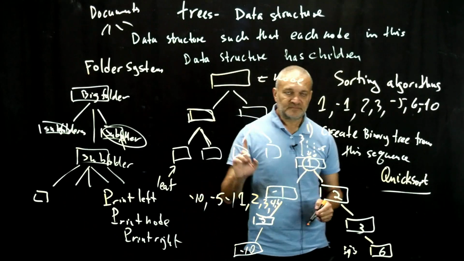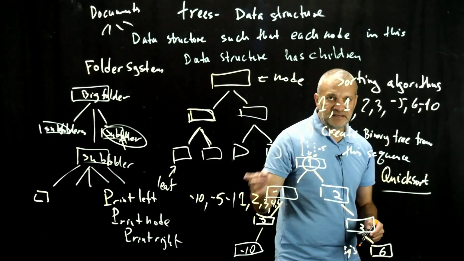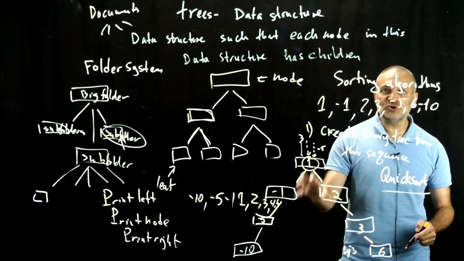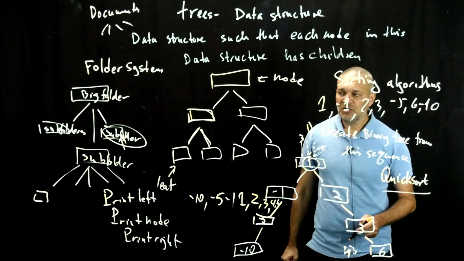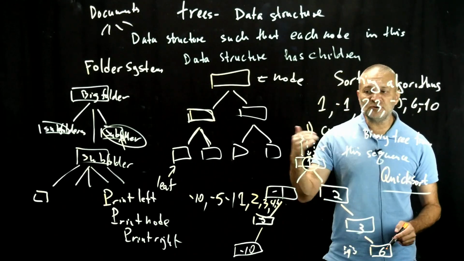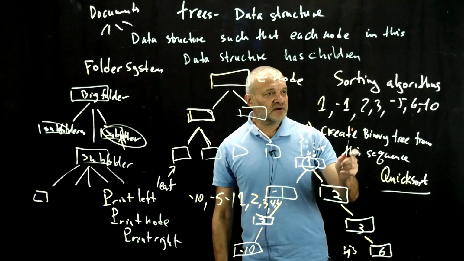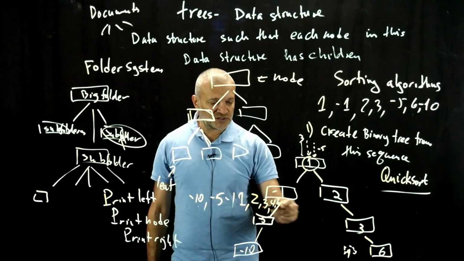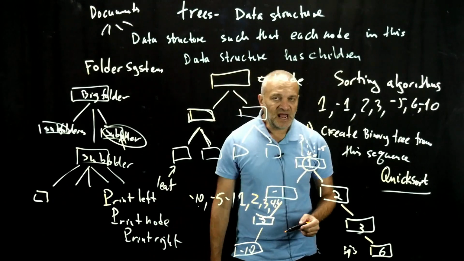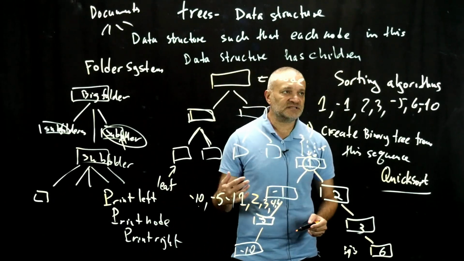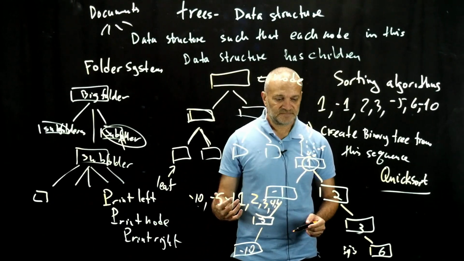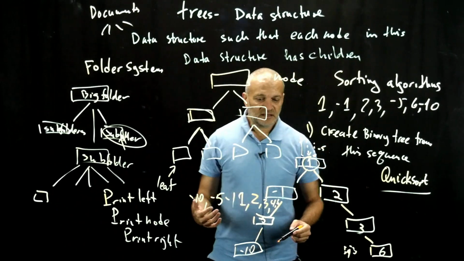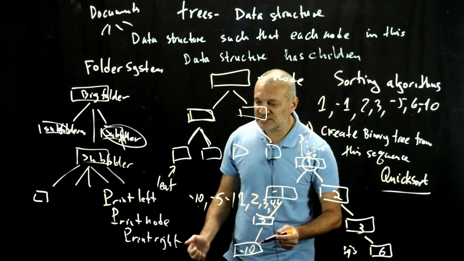Now, also a huge advantage of this is that as you sort it in ascending order, going from the smaller to the largest, I can actually also sort it in descending order. So how do I sort it in descending order?